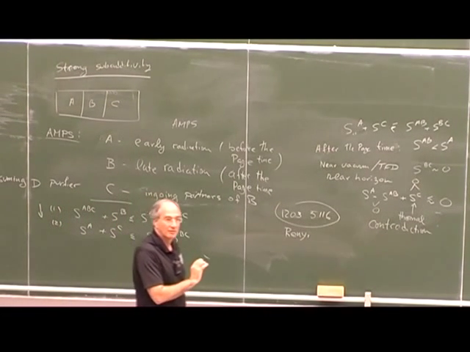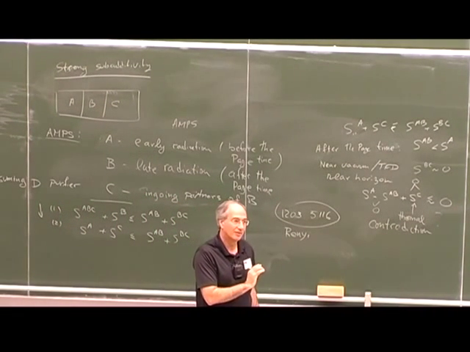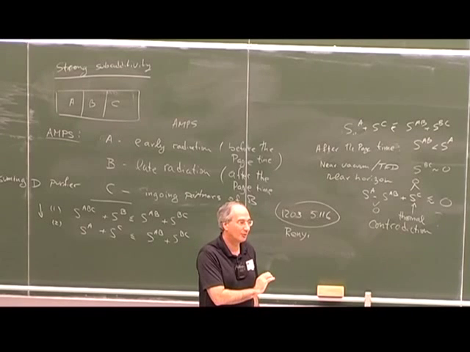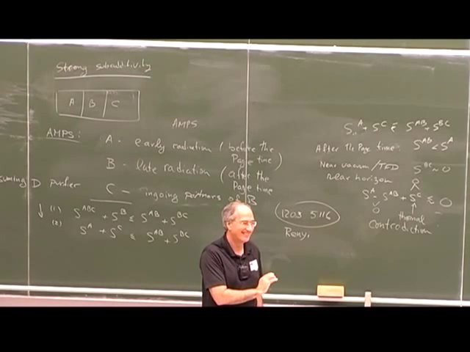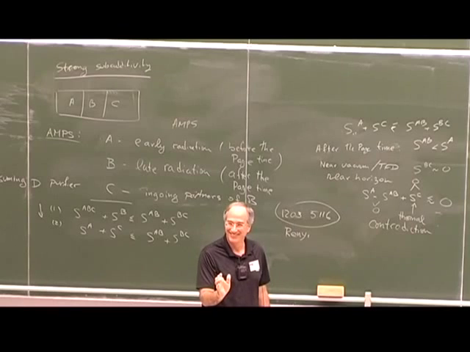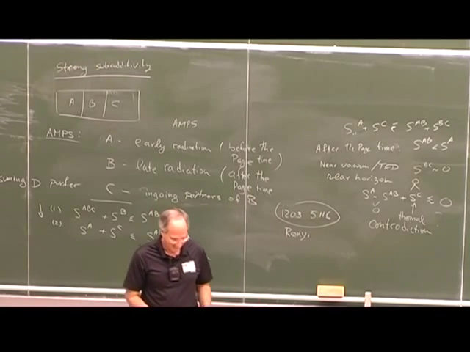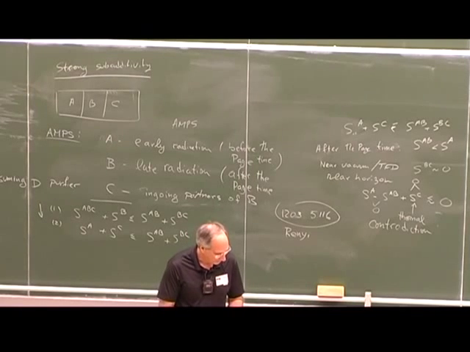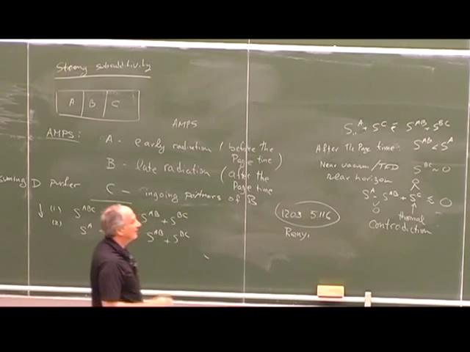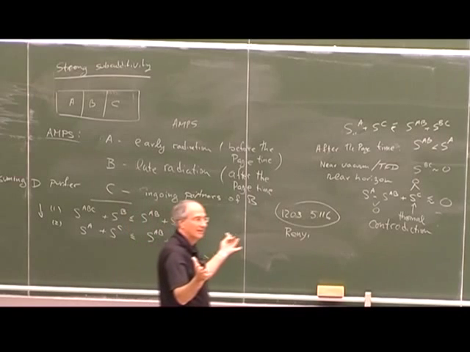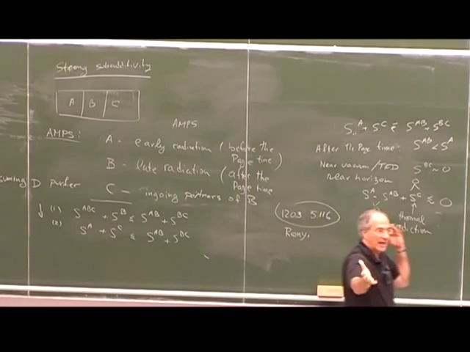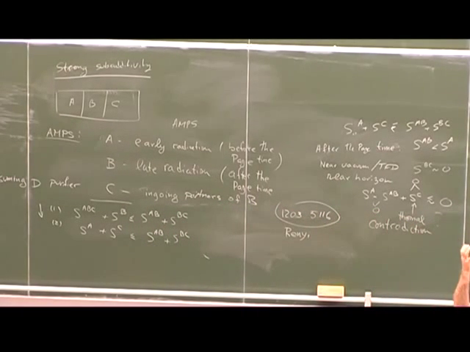Any questions about this? Somebody knows how to resolve this, maybe? If not, I will tell you. Okay, very well. So I think now we have the two sides of the problem set up.